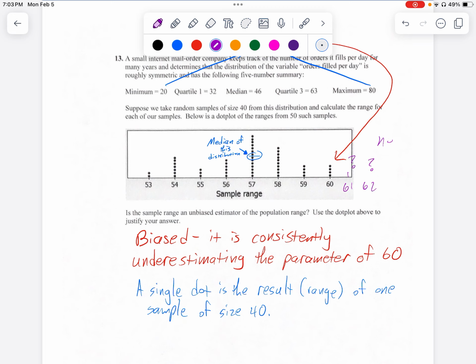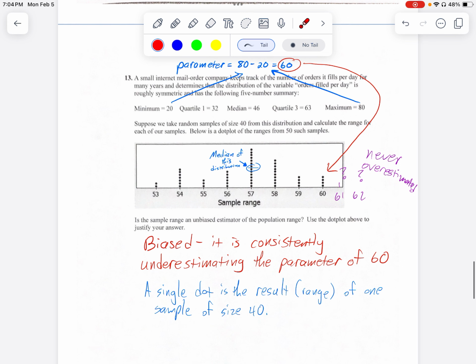It never overestimated the truth. So it is clearly biased. Every single dot is underneath the parameter of 60. And the easiest way to say that is to say, look, the center is at 57. The center should be over here at 60, but it's not. All right. Thanks, folks. Happy studying.